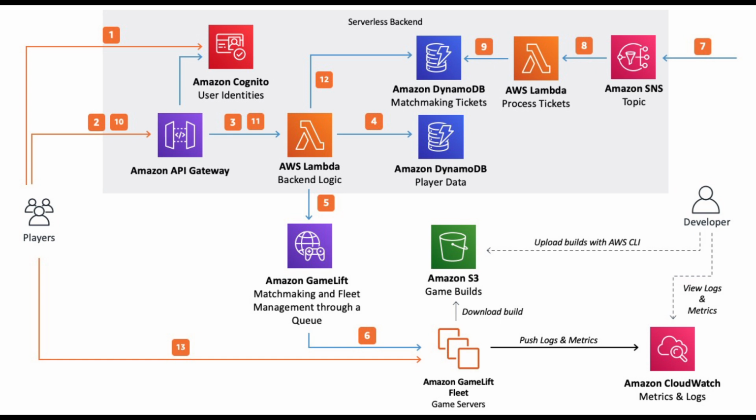A region is like a geographical location. Like in India, we have regions like Mumbai, Hyderabad, and all those. For each region, we have multiple availability zones, which are independent data centers. These are connected via high speed links and are used for high availability and fault tolerance.